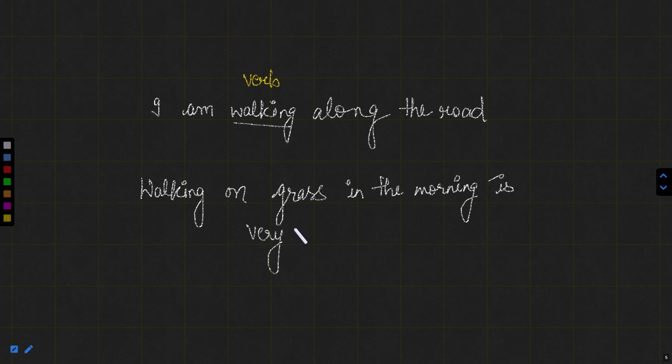Is it showing any action? No way. So this walking is not a verb. In fact, it is something else which is called a non-finite verb. So in the sentence, walking on grass in the morning is very healthy, this walking is not a verb.